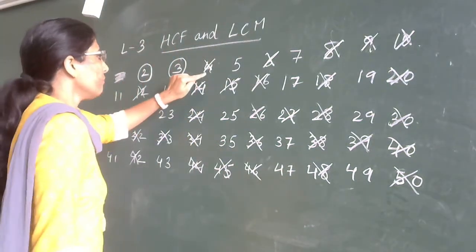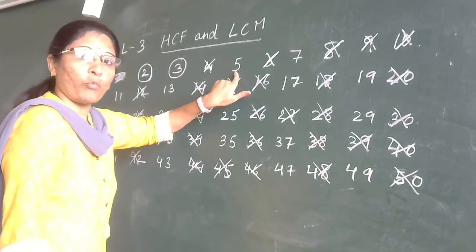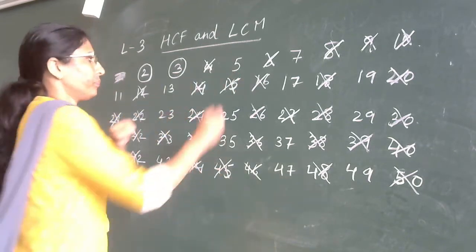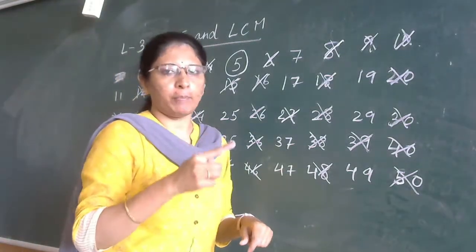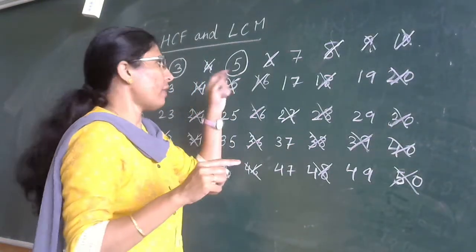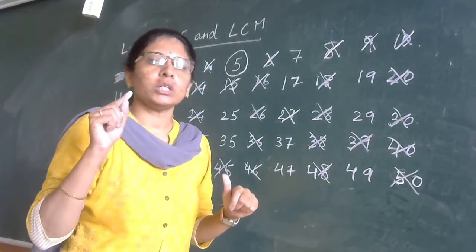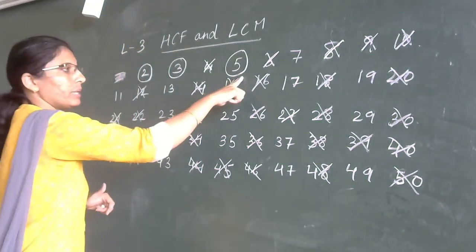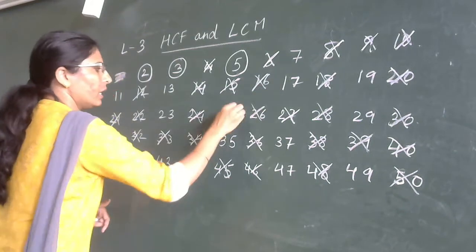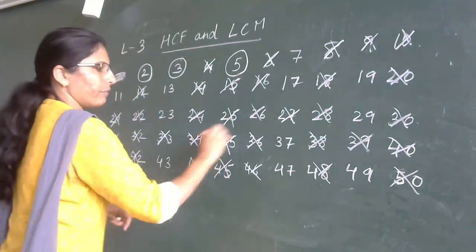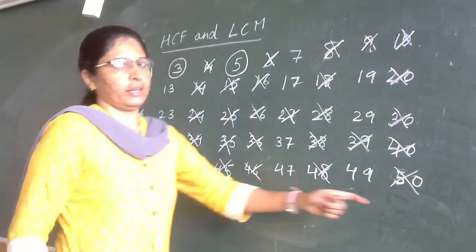Again we can see one more prime number, that is 5. Follow the same step: circle that next prime number, 5, and cross out the multiples of 5. So 5, 10, 15, 20, 25, 30, 35, 40, 45, 50.